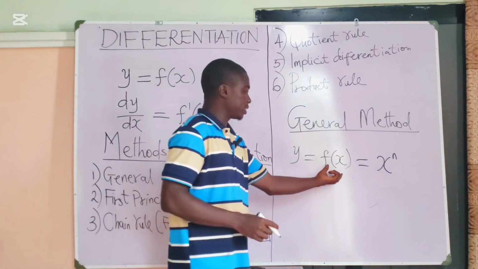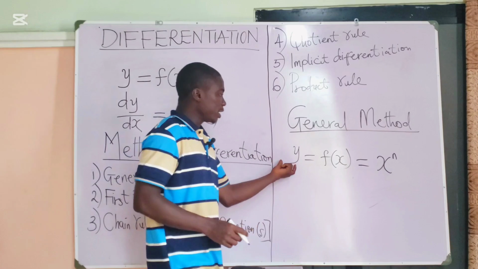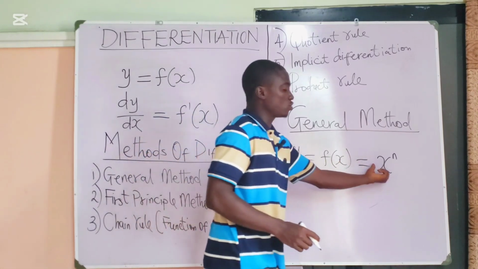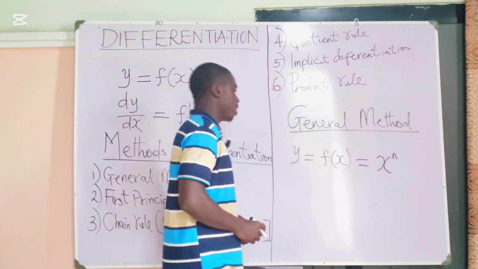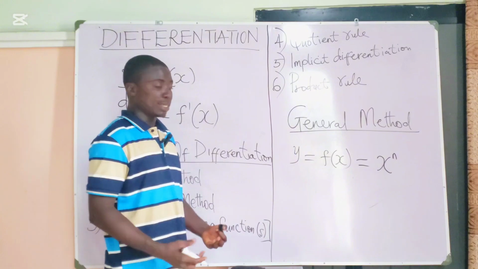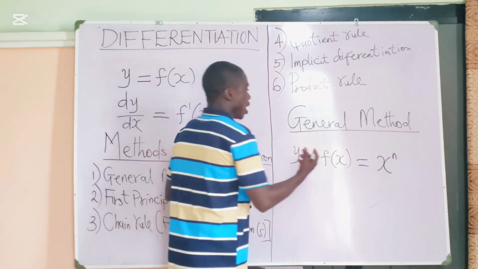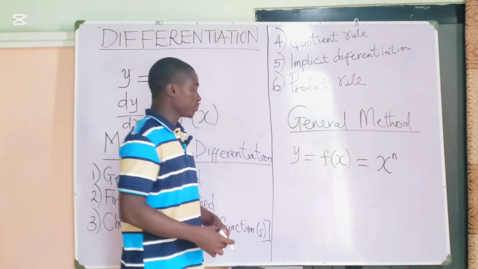If f of x is equal to x raised to power n, that means y is also equal to x raised to power n. Now, if we are asked to differentiate y with respect to x, how do we solve it?